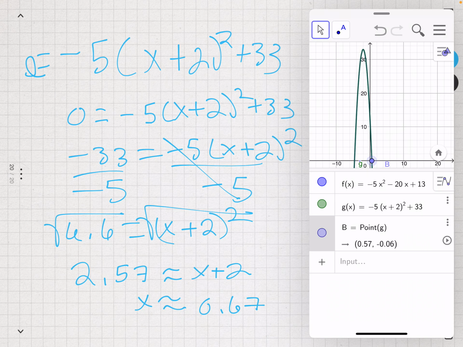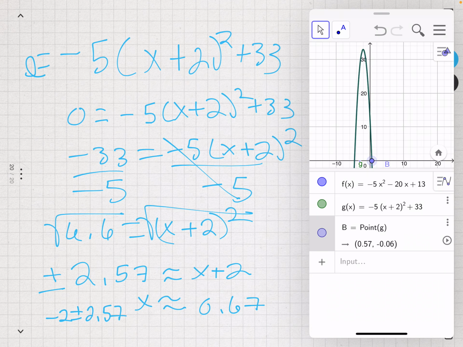And you might be like, well, where did that other one come from? Because remember, when we take the square root, we get a plus or minus. And so when I add 2.57 to negative 2, so negative 2 plus or minus 2.57.